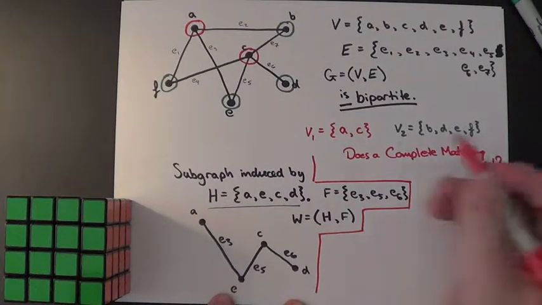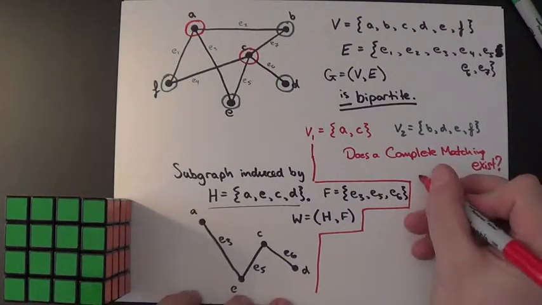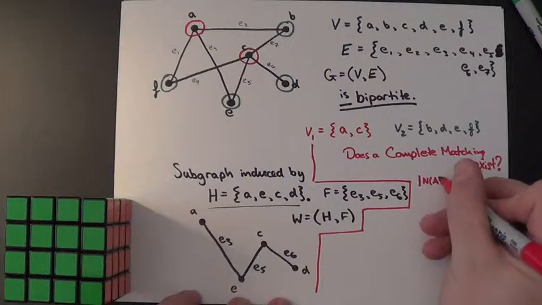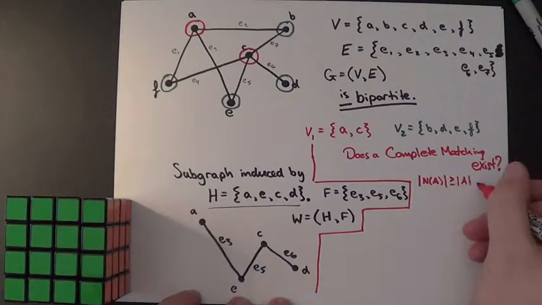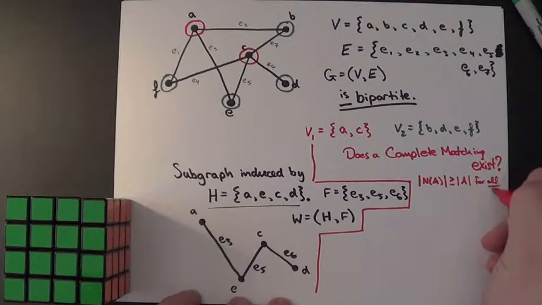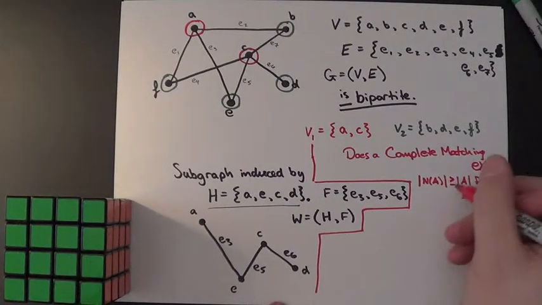Now, to determine that, let's see, our theorem 5 stated that a complete matching exists in a bipartite graph if and only if the cardinality of the set of all neighbors is greater than or equal to the cardinality of that set for all subsets of V1. Okay. We need to verify that this is true.